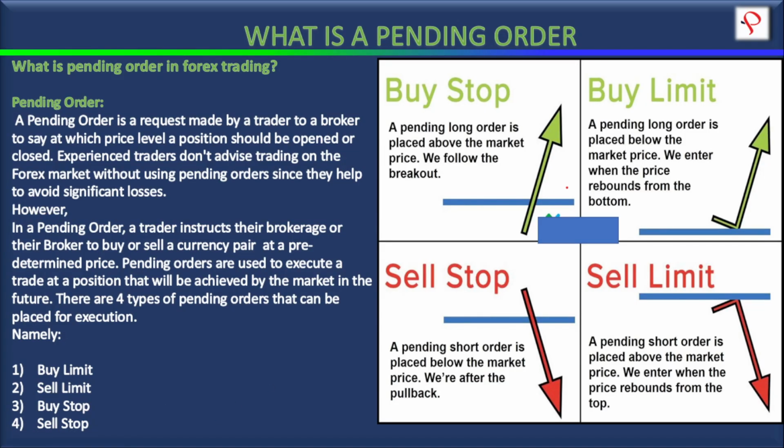Let's just say, for instance, talking about a buy stop. Let's say the market is trending up, and from your analysis you want to enter the trade the moment the market gets to this price level. Let's just assume that this price level is $5. Do you understand?